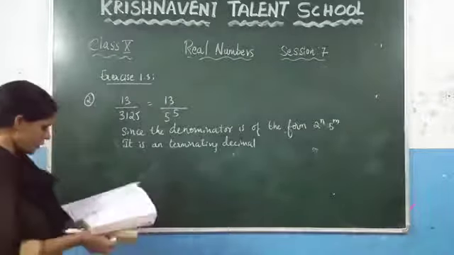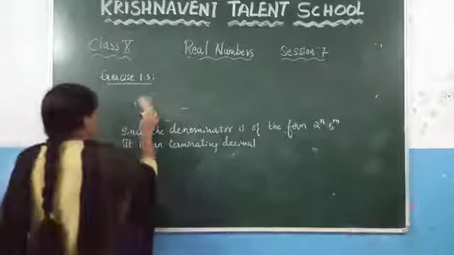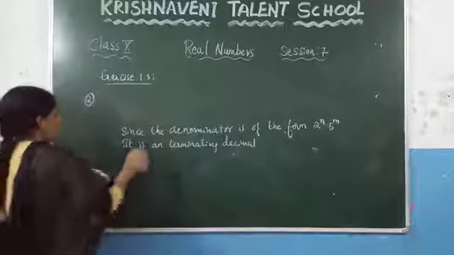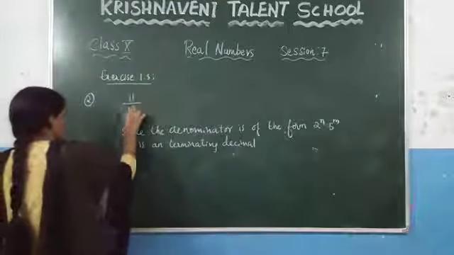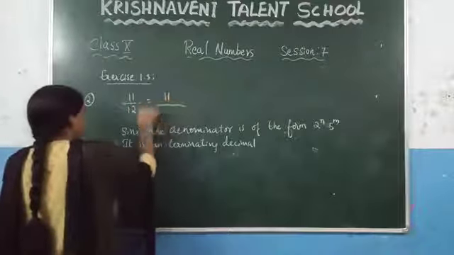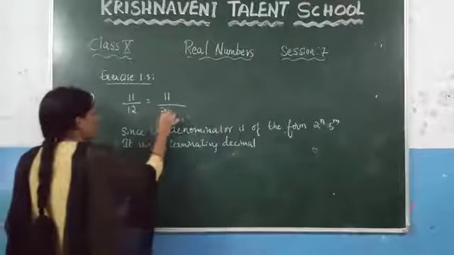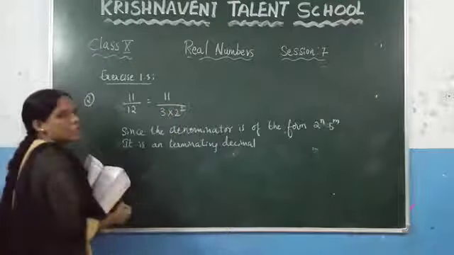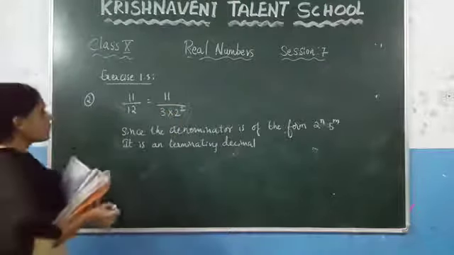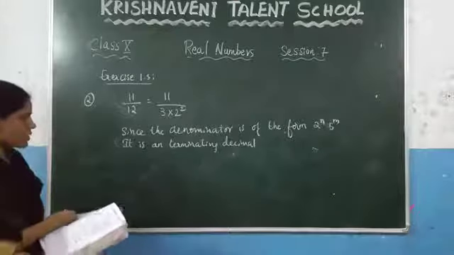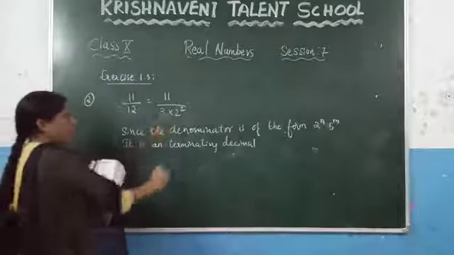See one more question. 11/12. What is our first step? We need to find the factors of 12. What are the factors of 12? Which is nothing but 3 into 2 square. So we have written 12 as a prime factorization. So what will we get? 3 into 4, which is 12.